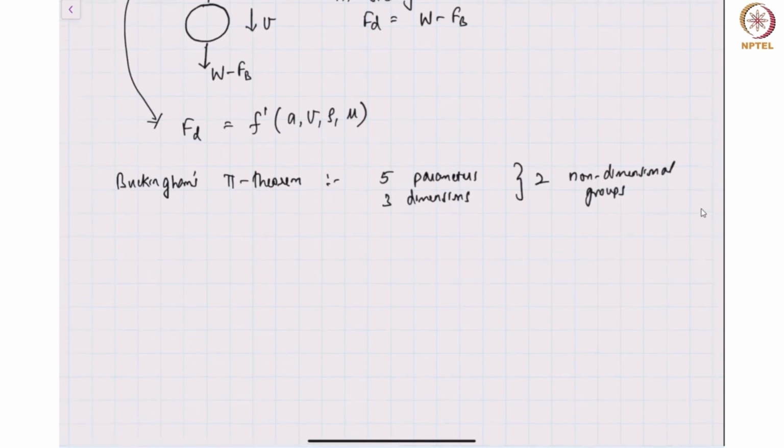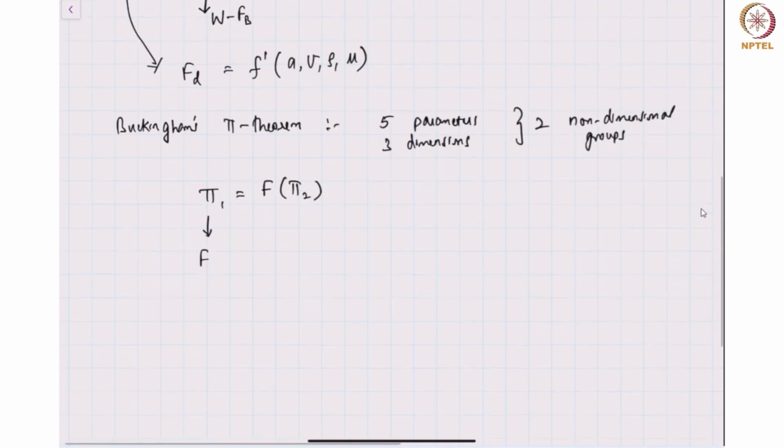I'm not going to derive the Buckingham pi theorem or how to determine the relevant non-dimensional groups in this particular case. I will directly write what are the non-dimensional groups. I can now have a relationship between one non-dimensional number and another non-dimensional number. One of the non-dimensional numbers that is of relevance to us in this particular case is a drag force divided by half rho u square times some area.